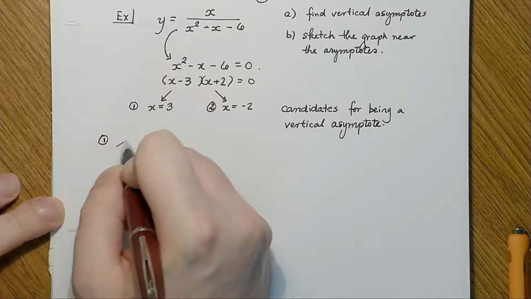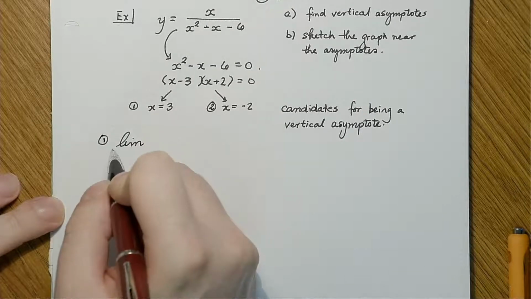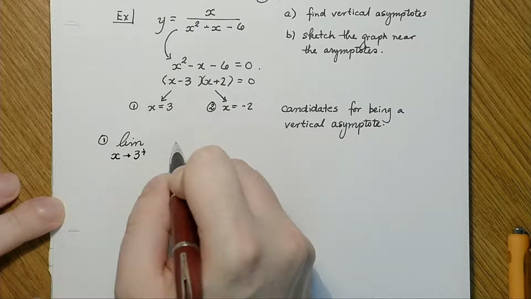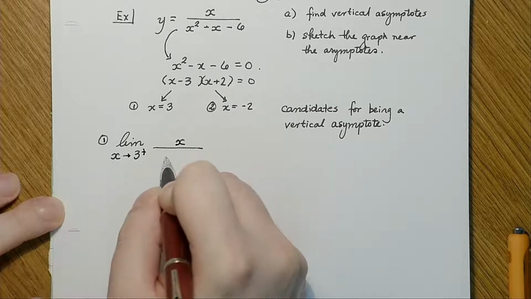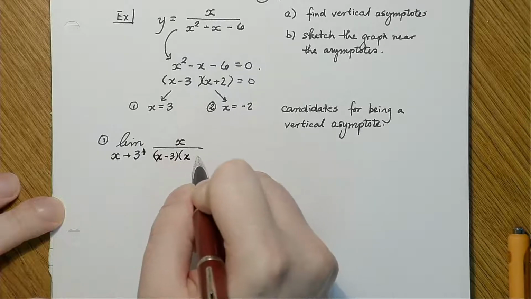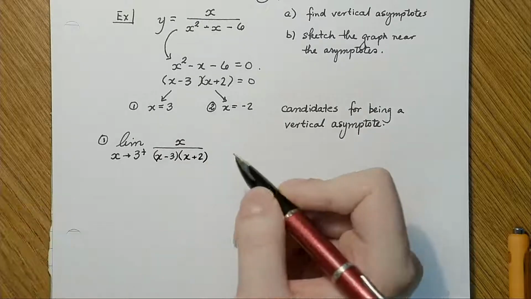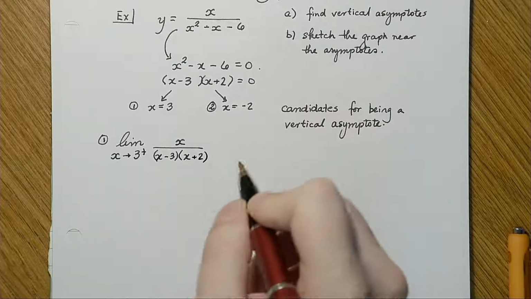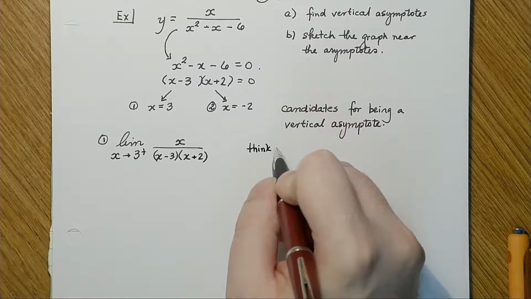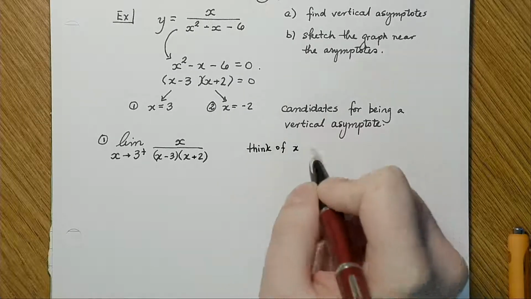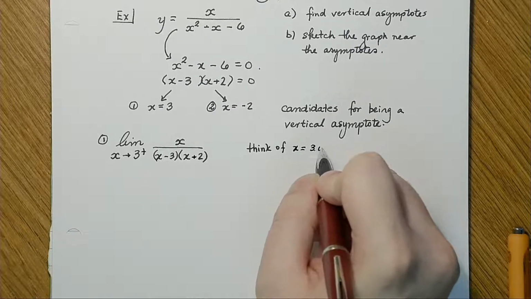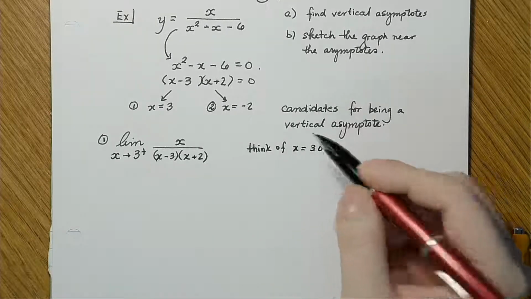So what we'll do is look on the right-hand side of this. You think of a number that's near it on the right-hand side. So we'll say, think of 3.01.